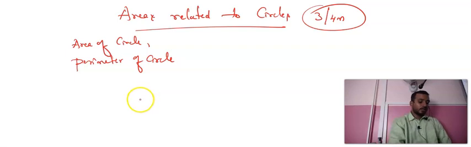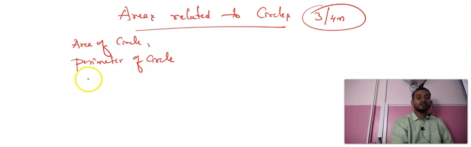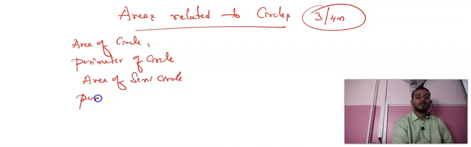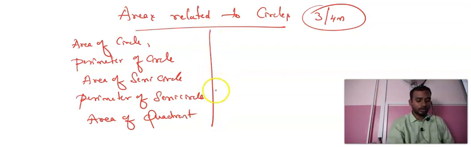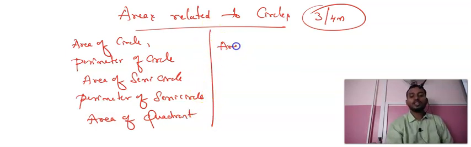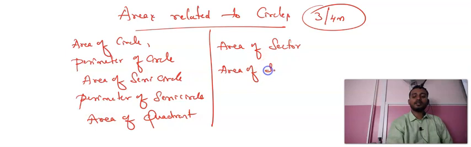Area of circle, perimeter of circle, area of semicircle, perimeter of semicircle, area of quadrant, area of sector, area of segment.